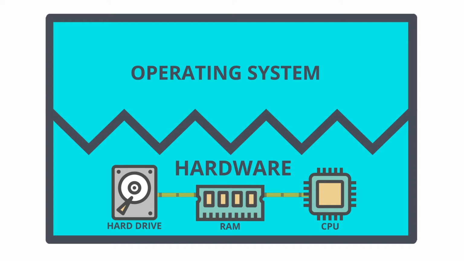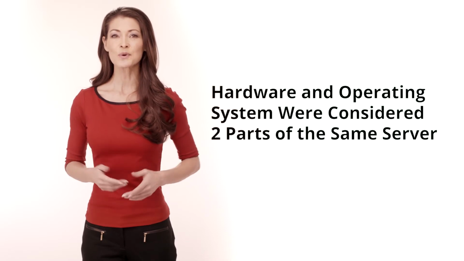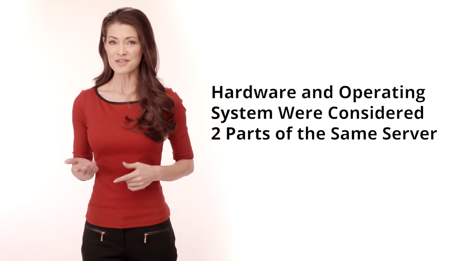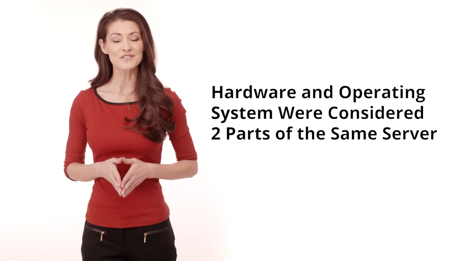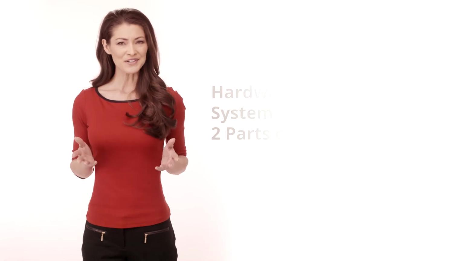And you could only have one server operating system running on one set of hardware. For this reason, the hardware and the operating system were not thought of as two separate things. They were thought of as two parts of a single server. However, as IT changed, this created some serious problems. Let's take a closer look.